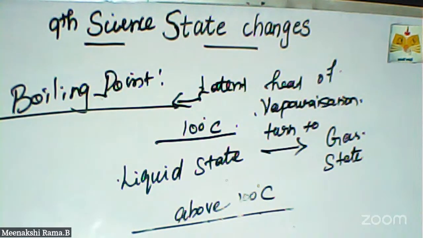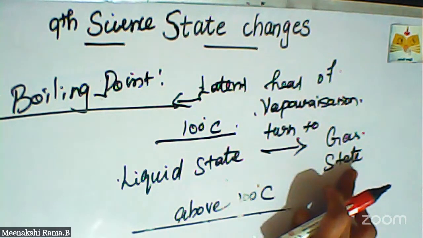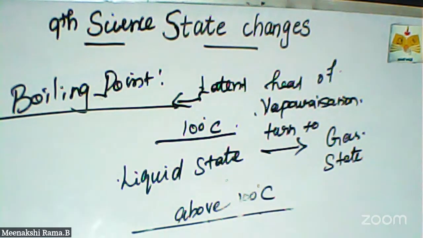So when the water attains a temperature of 100 degrees Celsius, it starts changing from liquid state to gaseous state. The temperature of water does not rise above 100 degrees Celsius. Why? Because the supply of heat energy changes into the boiling of water only. So that heat energy is stored in the steam only.